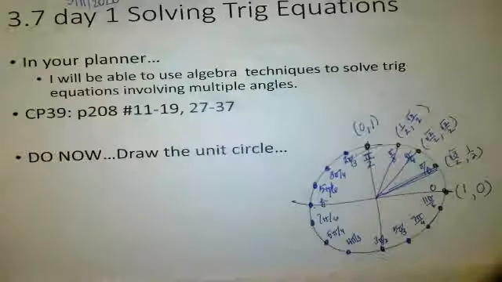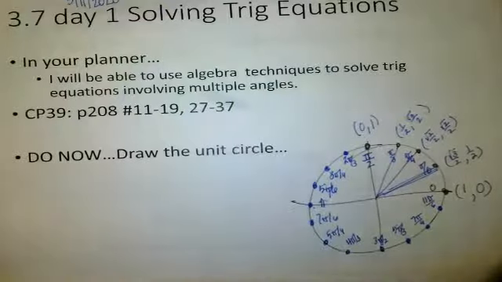When you do 30, it's radical 3 over 2, comma 1/2. It's okay. I'm not a huge fan.